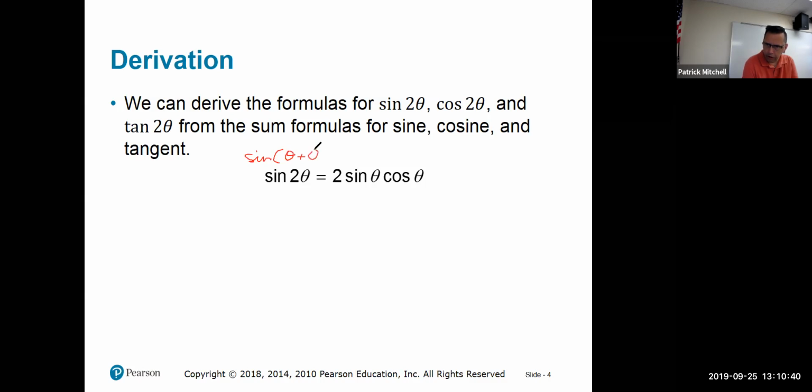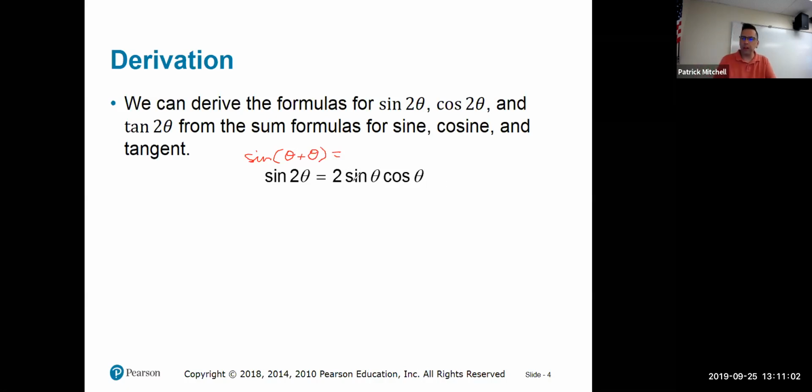You just use your sum formula, and that's going to turn into sine theta cosine theta plus cosine theta sine theta. Remember sine, cosine, cosine, sine? Then those two terms will come out the same, and it will just collapse down to 2 sine theta cosine theta.